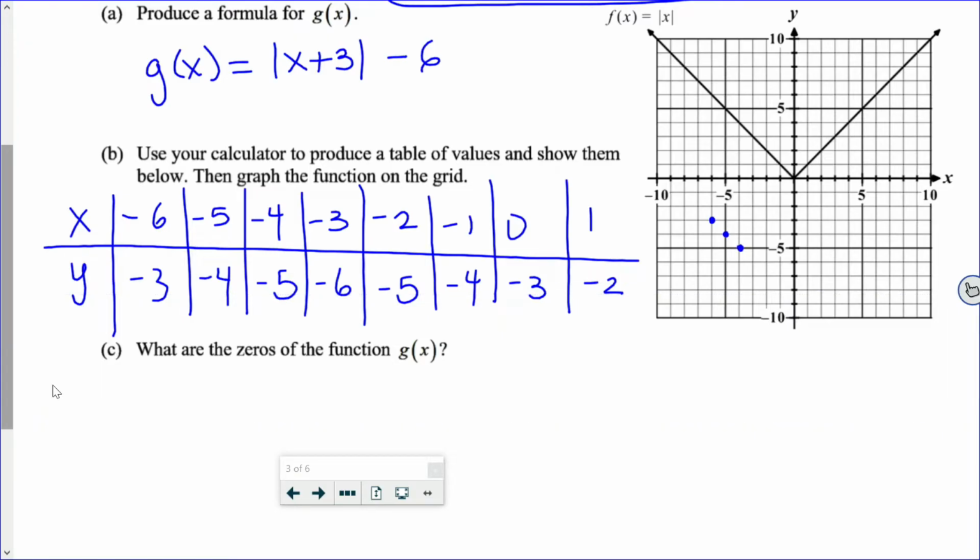There we go. -3, -6, -2, -5, -1, -4, 0, -3, and 1, -2. And that's going to be enough to establish my pattern. So I do this, and label that g of x.